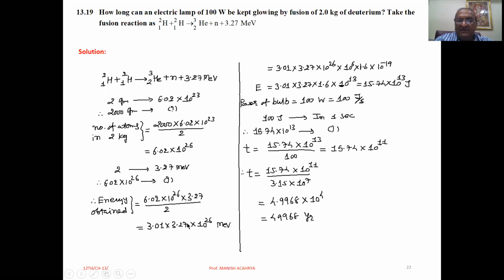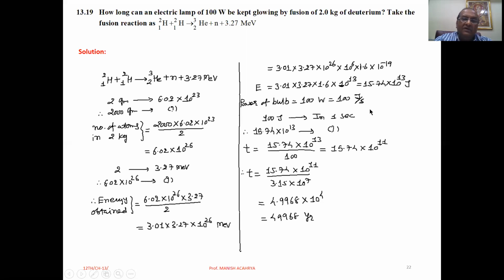Solve it, you will get this much MeV energy, 3.01 × 3.27 × 10^26 MeV. Multiply by 10^6 eV and 1.6 × 10^-19 to get this much joule. When you solve it, you will get 15.74 × 10^13 joule.